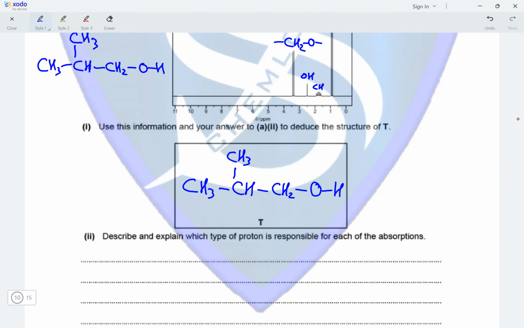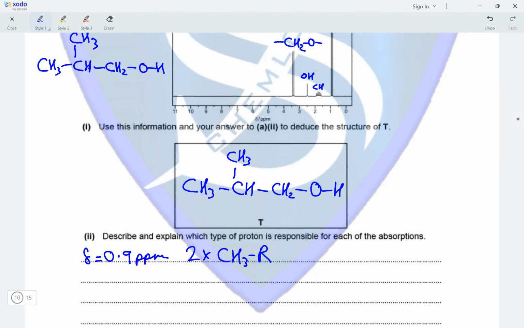So the absorptions that we have been given are between 0.9 and 1.0, or rather we put it at 0.9 ppm. The absorption is due to two CH3 groups next to an R group.